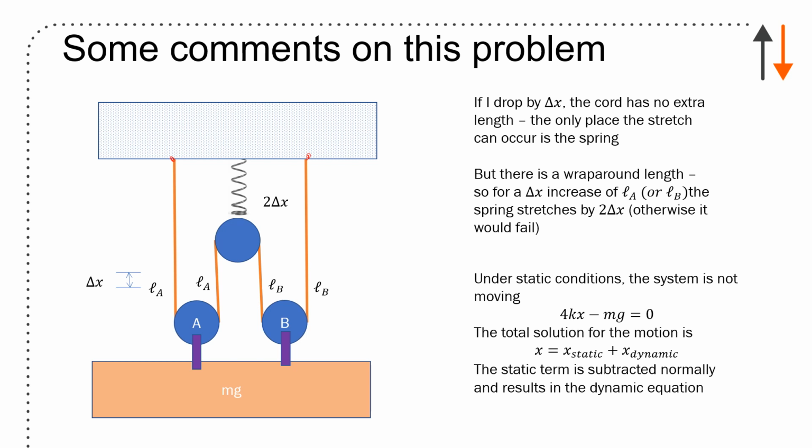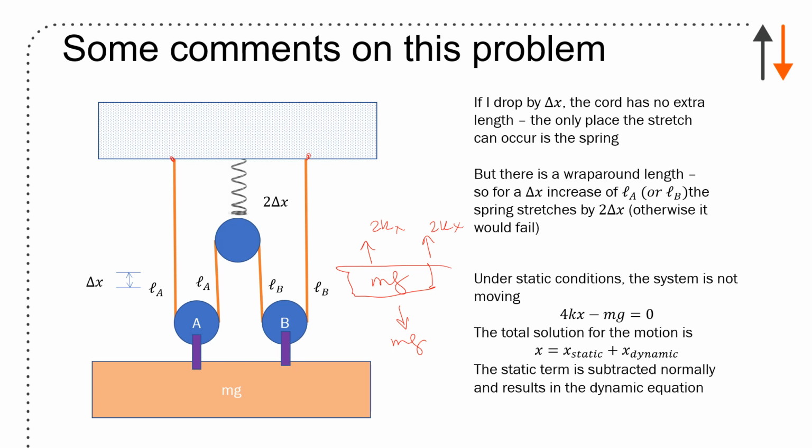So to take care of that, the spring is actually responsible for all of the distances, which means that under static conditions, my system consists of 2kx going up, and mg here. So 4kx minus mg equals 0. And again, downward is my direction of motion.